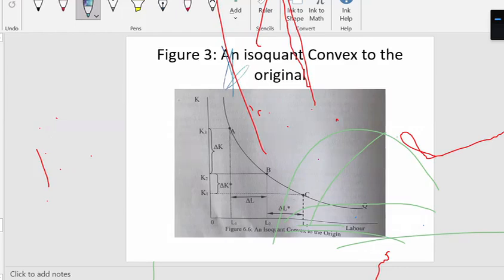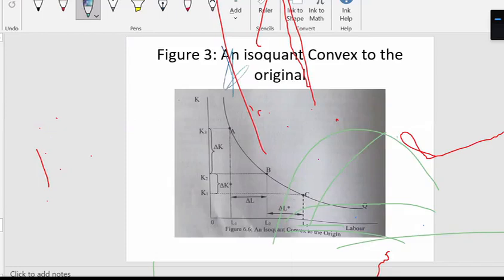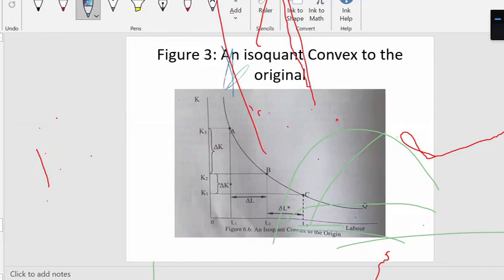Now, if you want to shift from point A to point B, you need to reduce some of the capital units. That means to move to B and produce at level B, you need to reduce the quantity of capital from K3 to K1, but you have to increase the amount of labor from L1 to L2. Likewise, if you want to produce at level 3, you need to reduce the amount of capital from K2 to K1 and increase the amount of labor. Now when we say convex, it means there is a trade-off.